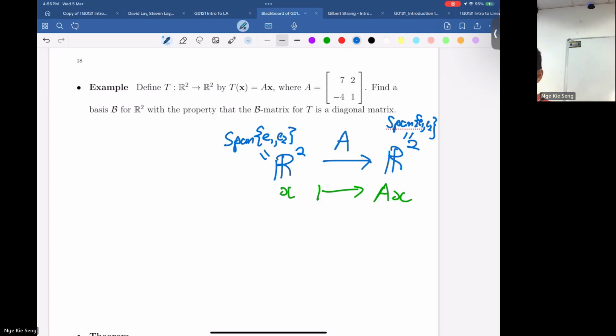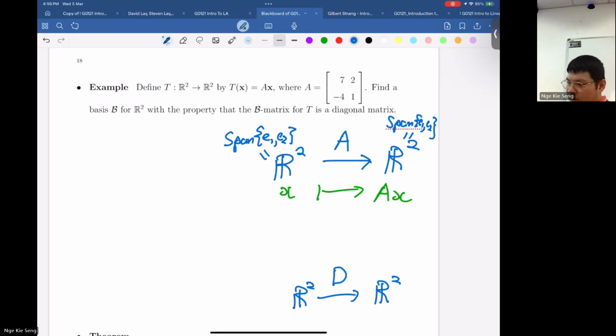Meaning what? You need to form your D here, such that it can represent this transformation. What to do here?